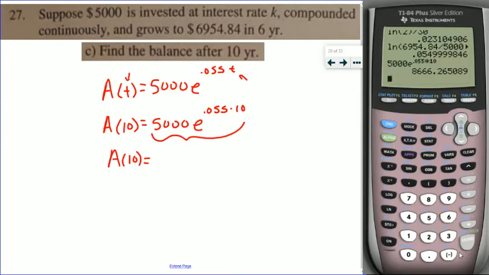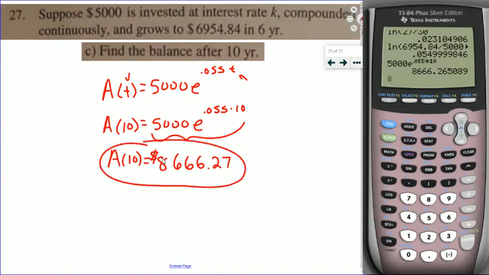So $8,666.27. Okay, and again, I only went to 2 decimal places because this is money. Money ends with pennies. Okay, so $8,666.27 after 10 years.